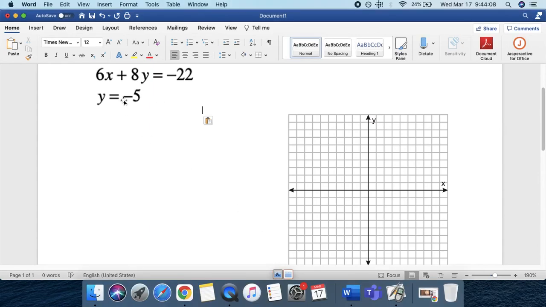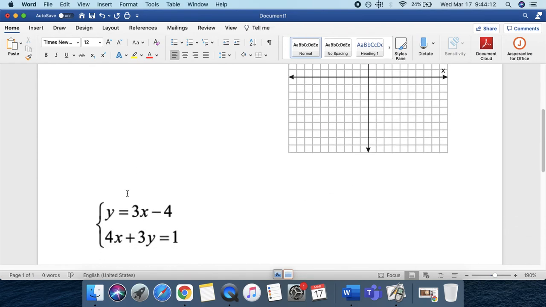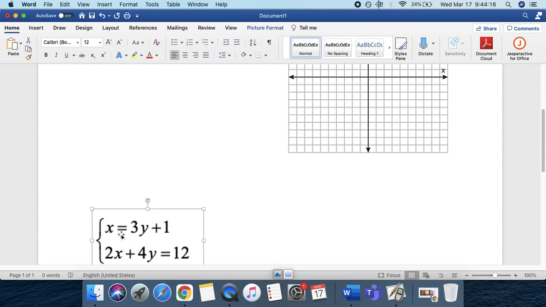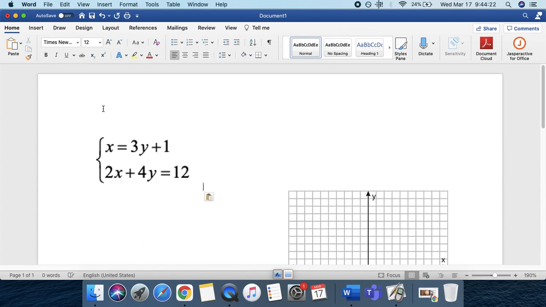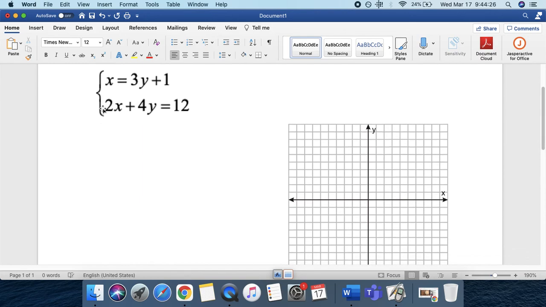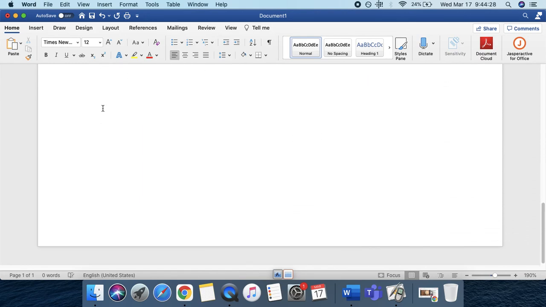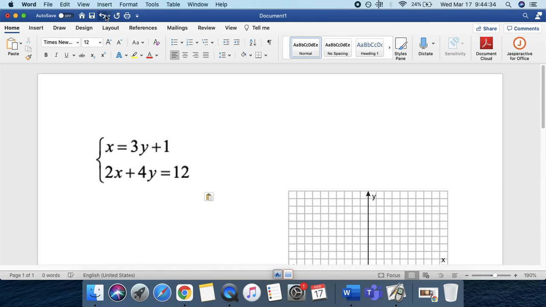All right, so those two are the easier ones because y is already isolated. So let's take another example. So this one is just more work. That's all it is. So now, I had another example.